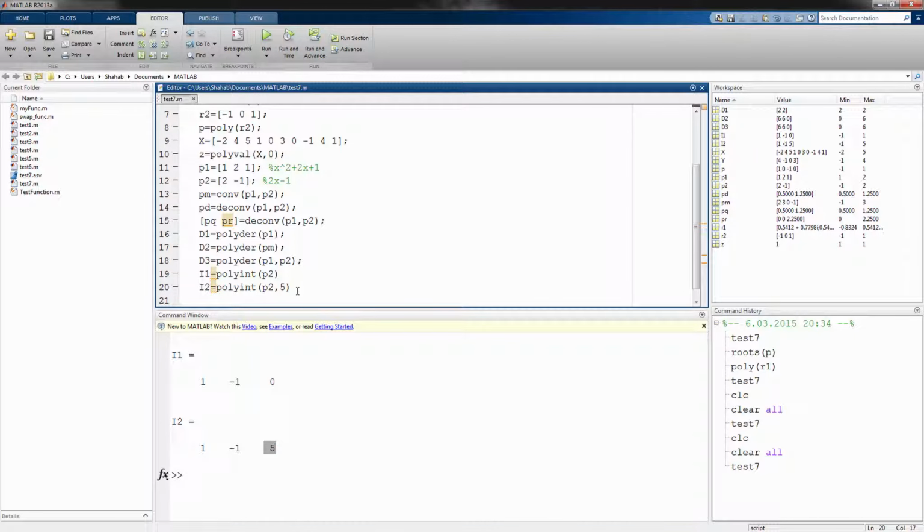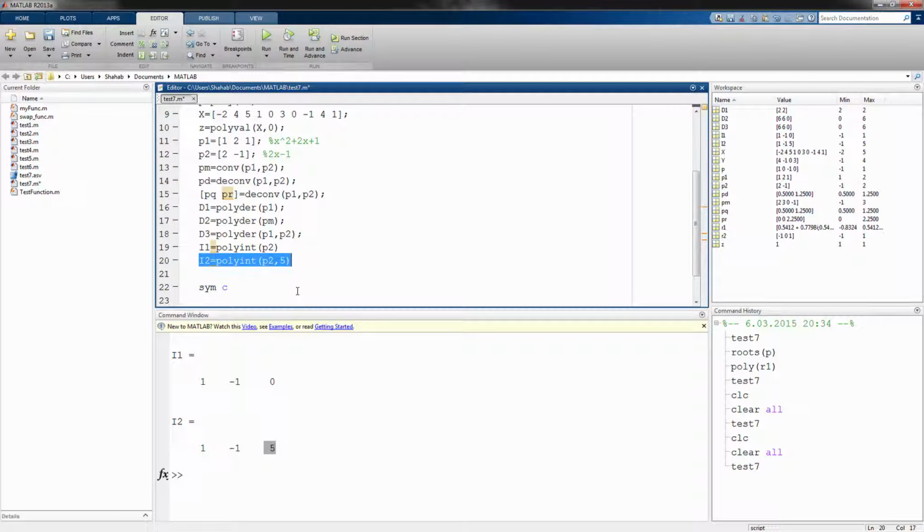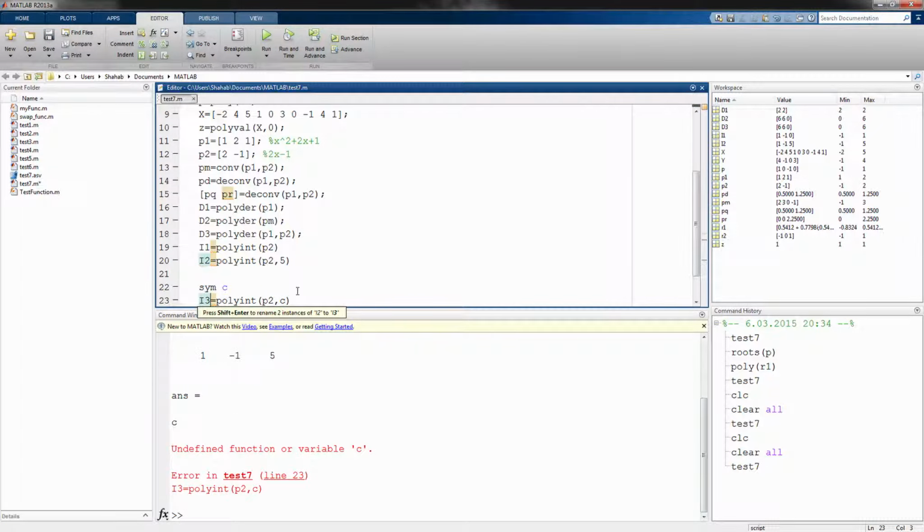Now we have not talked and we will not talk about the symbolic notation, but just for information you can define a variable syms to be let's say c. So c is your symbol, and then you can have an integral like that, and I call it I3, and sorry, it should be syms.